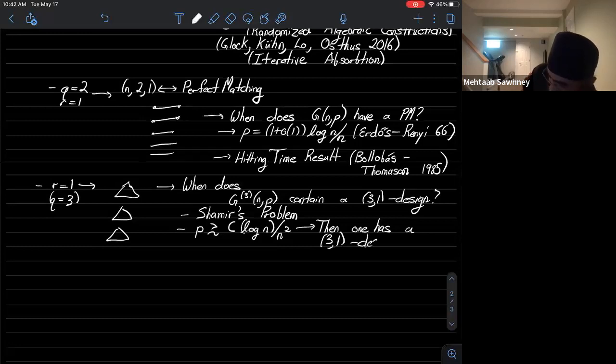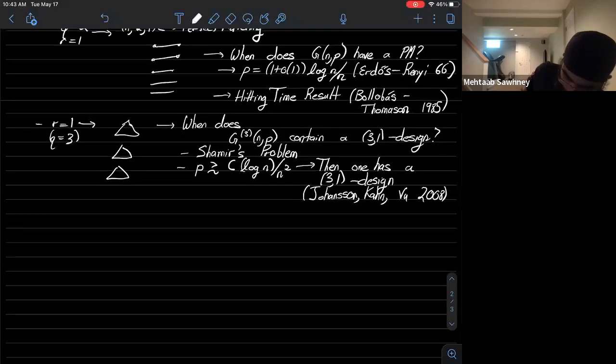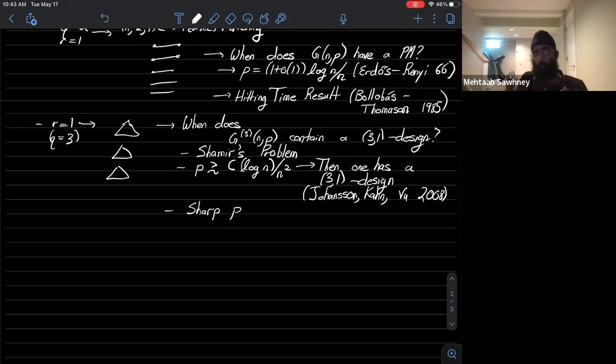And this is in the seminal work of Johansson, Kahn, and Vu from 2008. And now we know even more precise results due to difficult work of Jeff Kahn. So now we have a sharp P. I'm not going to write down what the sharp P is, but it corresponds to where every vertex has at least one triangle coming off of it.